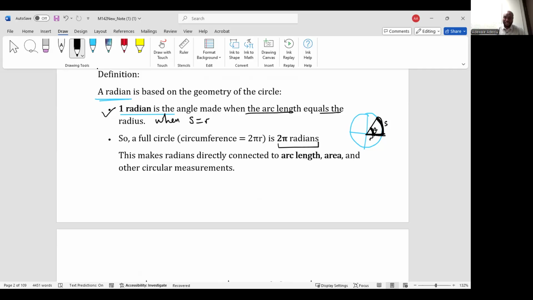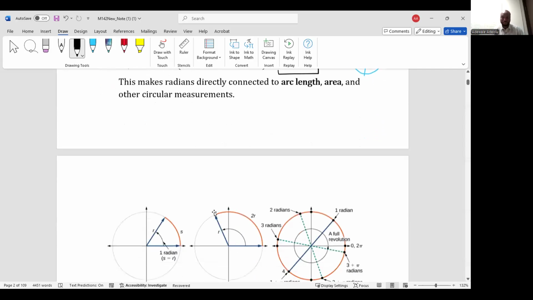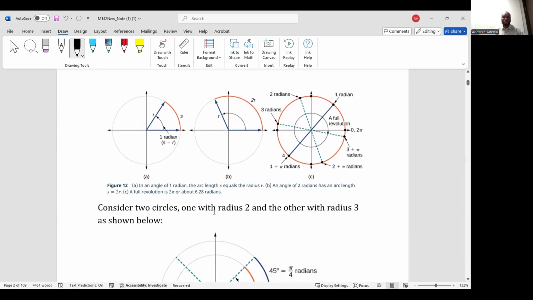So for a circle with circumference 2 pi r, it is also 2 pi radians. This makes a radian directly connected to the arc length, area, and other circular measurements.